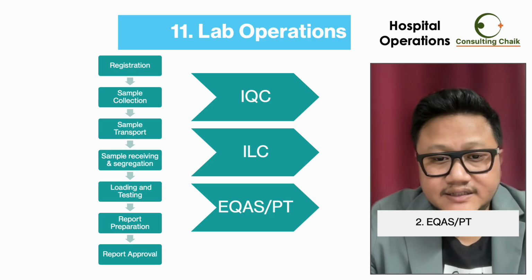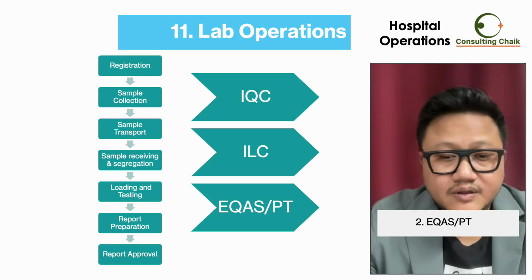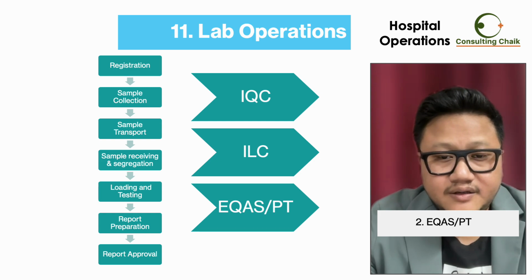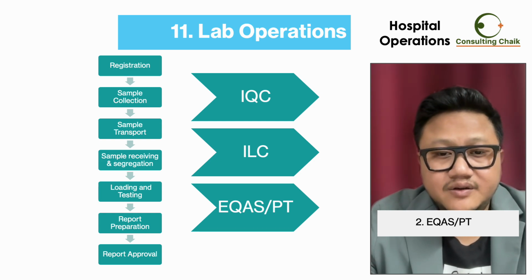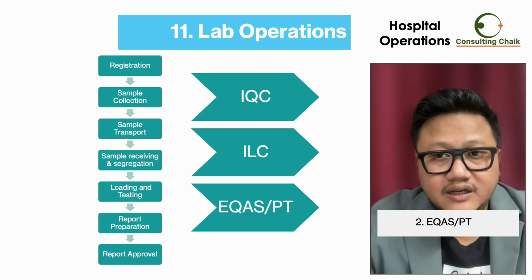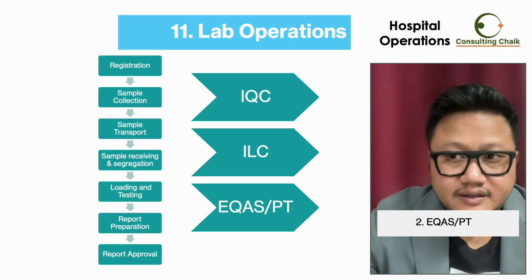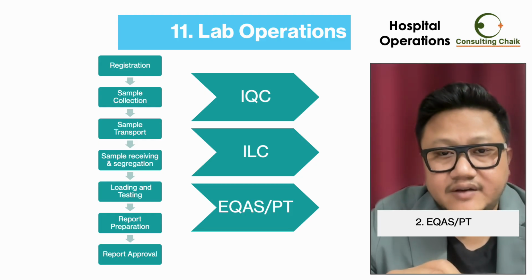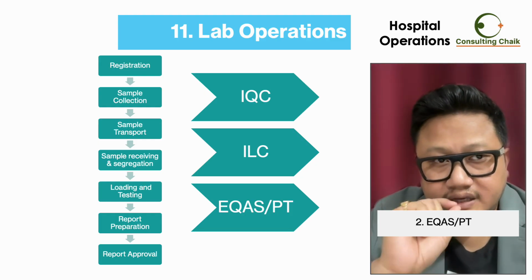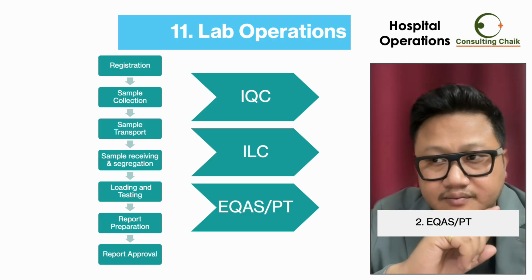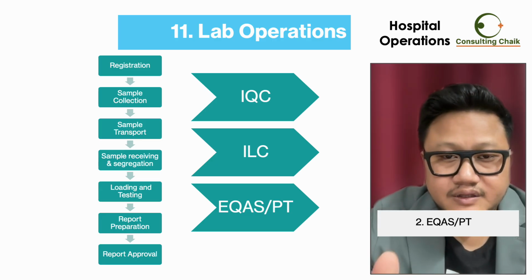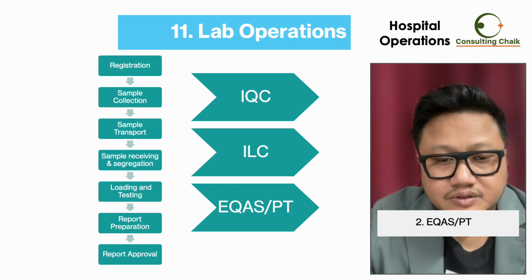The second thing is EQAS PT. EQAS, External Quality Assurance Scheme, or proficiency testing, where several labs get a sample from a single agency, and all these labs put in their respective results, and each parameter from all the labs is put in a normal curve, and the Z value and all is shown.